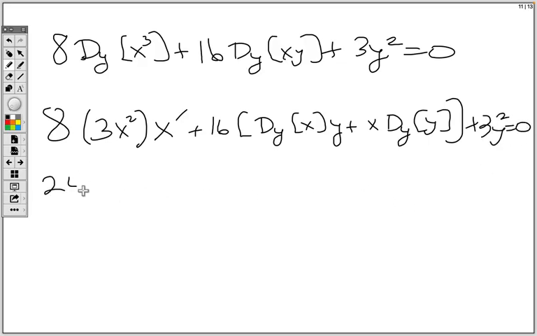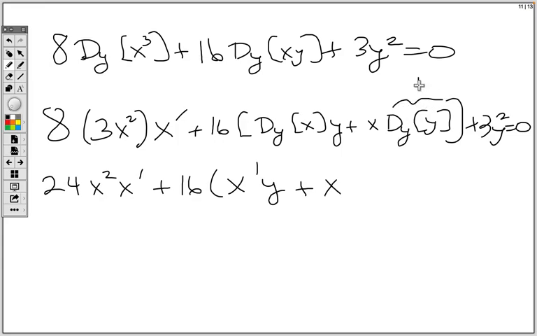So I got 24x squared x prime plus 16 times x prime times y plus x times the derivative of y with respect to y, and that's just 1. Plus 3y squared is 0.